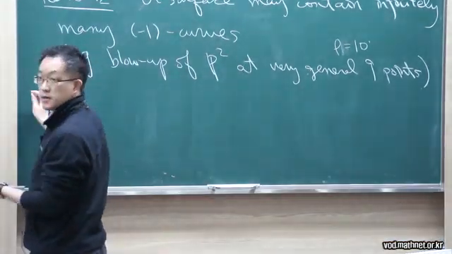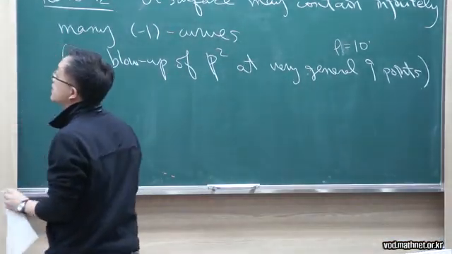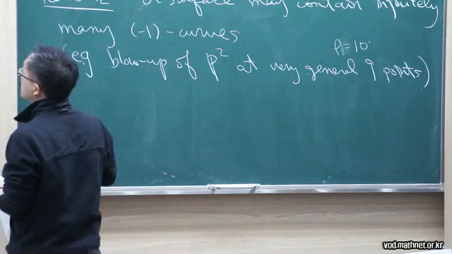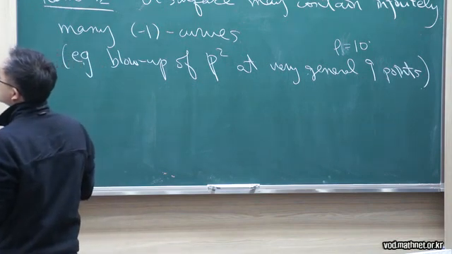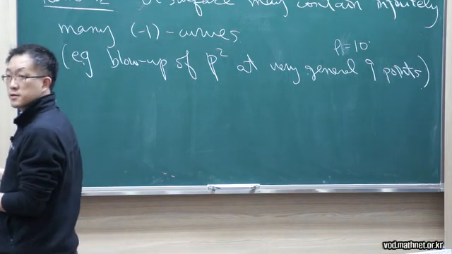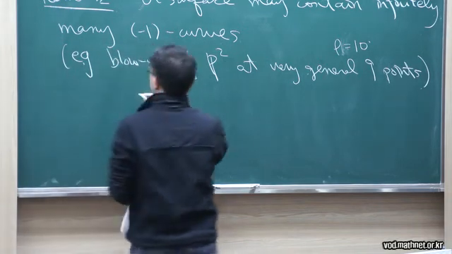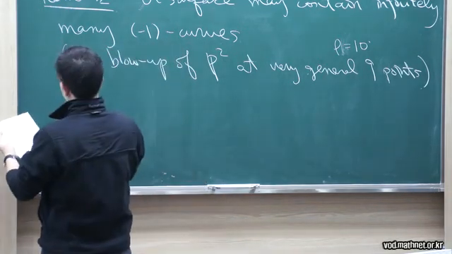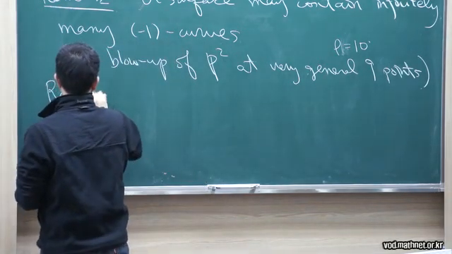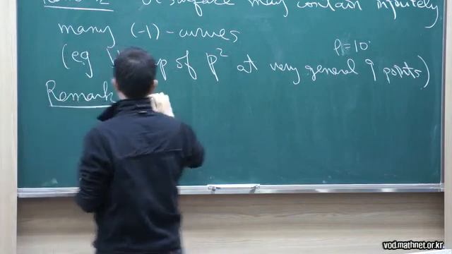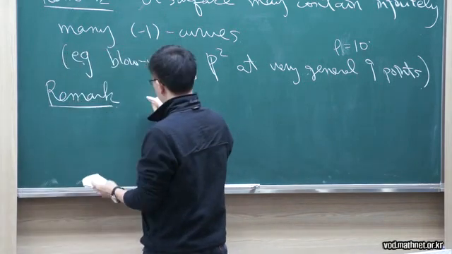In the first theorem, S prime is smooth. And the second remark is that the minimal surface is not unique.